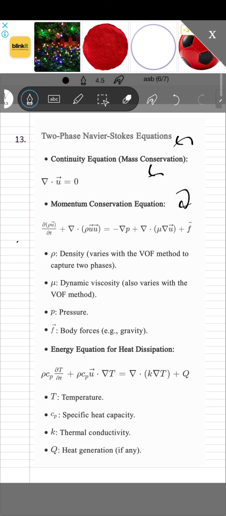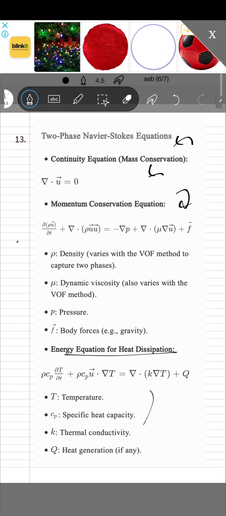Now we also associate heat with it. If there is heat dissipation taking place, we blend the Navier-Stokes equation with this heat flow, and then you get the two-phase Navier-Stokes equation.